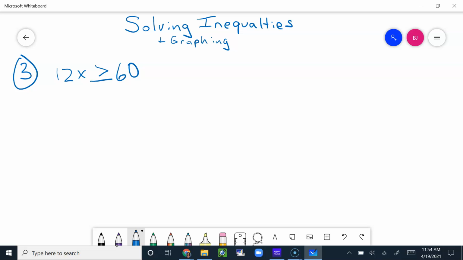Because this is a multiplication, we're going to solve it by doing what? If you said dividing, you are correct. We're going to divide by 12 on both sides. These two 12s cancel each other out, so that leaves me with x is greater than or equal to 5.